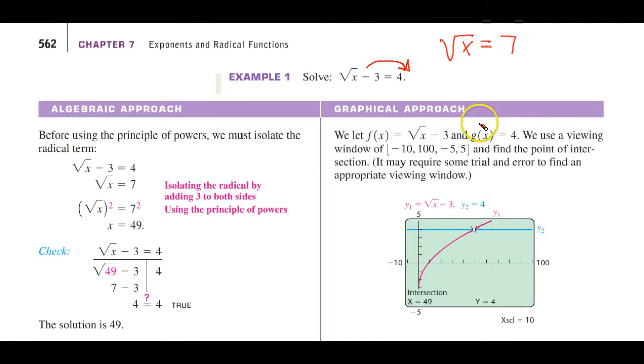Now what do we do? Well, whatever the index number is, even though it's not there, it's a 2, we're going to raise this to the second power to get rid of our radical sign. Then we have to do it to the other side. So we get x equals 49. Now, if we put 49 there, the square root of 49 is 7. 7 minus 3 is 4, and this checks out very well. Again, we're starting off very easy.